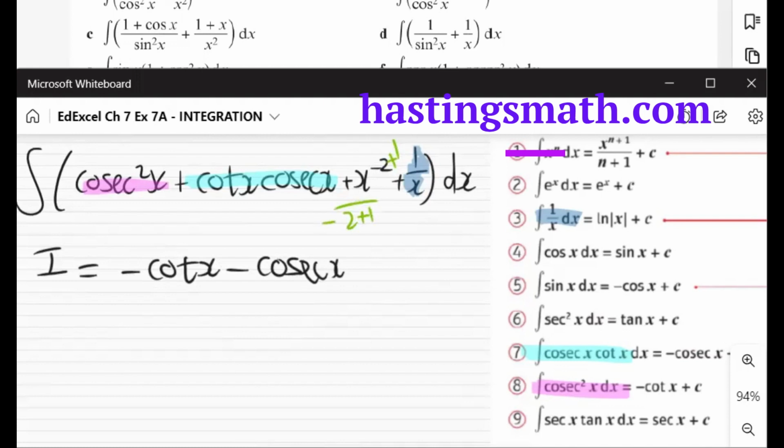So that'll end up being in the denominator. It's negative because -1. And finally, 1 over x just becomes ln x. And don't forget plus c.